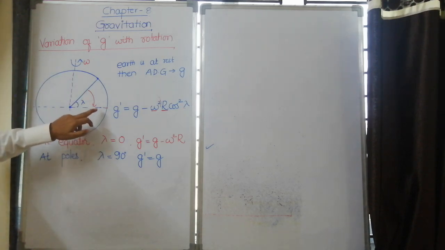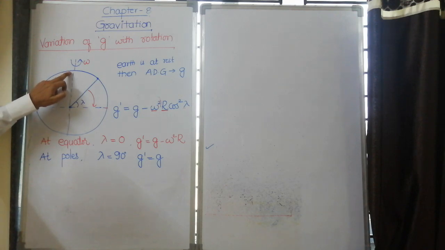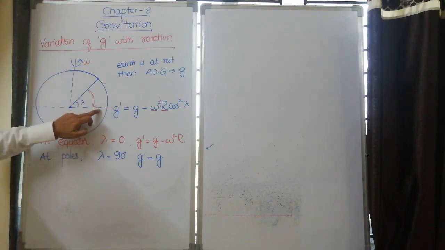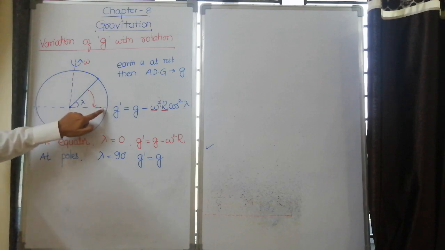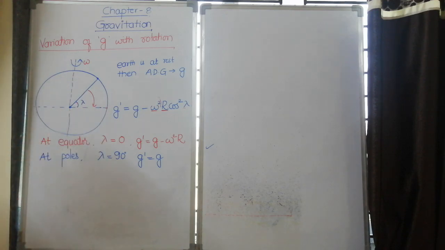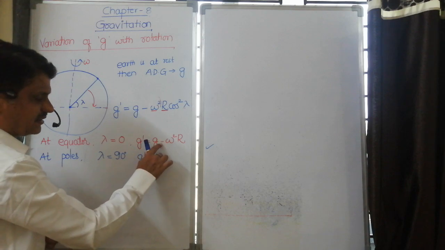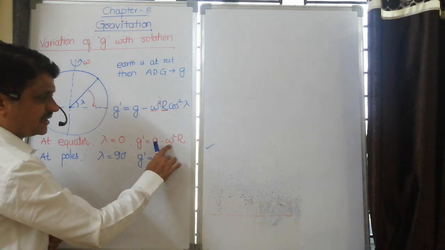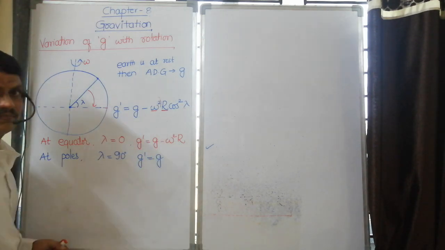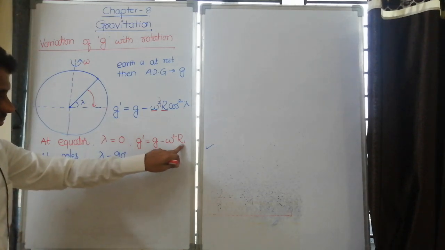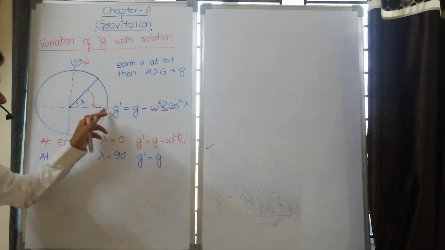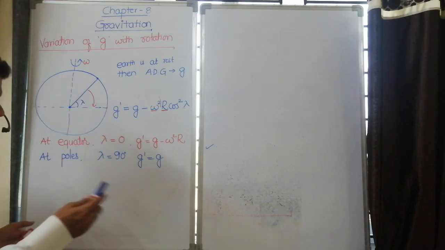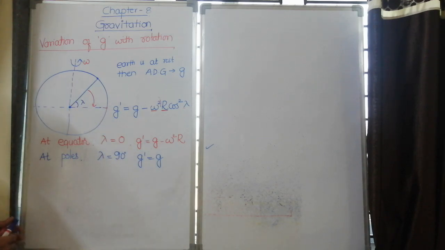Second, comparing poles and equator, g is maximum at poles and minimum at equator, because at equator something is subtracted from g because of this term. Hence, this kind of question is common.